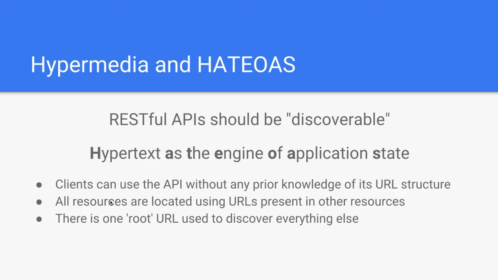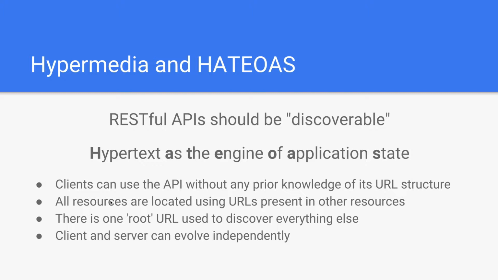Now, one of the nice aspects of a HATEOAS design is that our client and our server can evolve independently. So if you are writing clients for a HATEOAS API, say you're writing a JavaScript client that's running in the browser, it's using the API quite a bit.